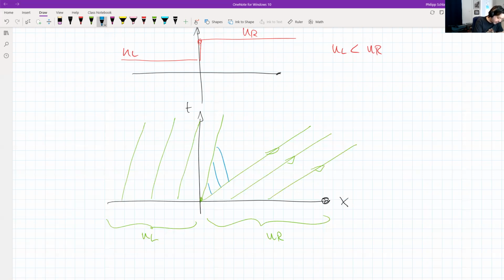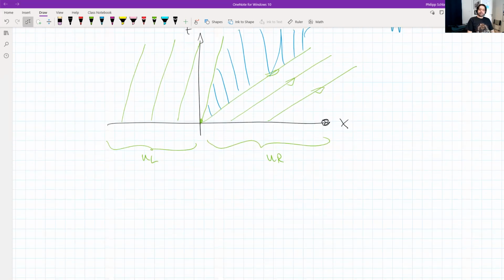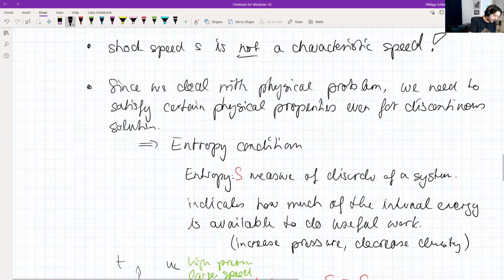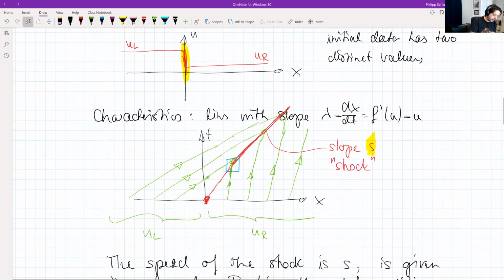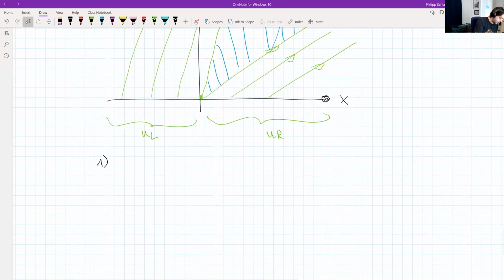So now the question is, what happens in this region? What happens in this solution, in this hatched region? What is the solution there? Well, maybe the first idea that I could have would be, I can define in exactly the same way as we did here, we could construct a shock solution, something like this.